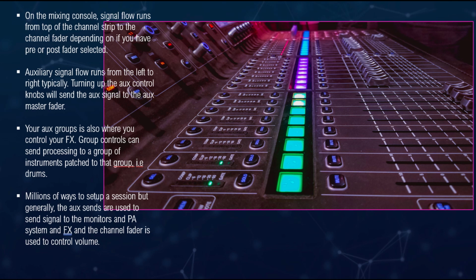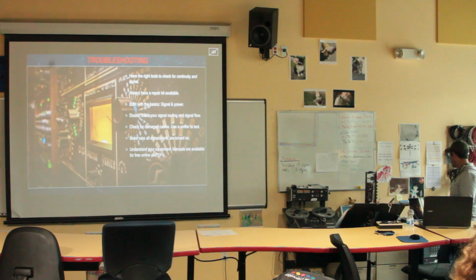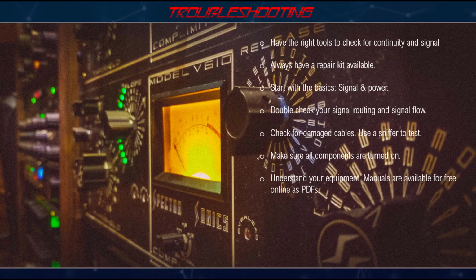So just keep in mind that the more complicated your workflow is, the more familiar you should be with that console. Troubleshooting: have the right tools to check for continuity and signal. I put these together based on things that I've run into in the past. Not having the right tools or sniffers to check XLR signal, a lot of times it's just a bad cable and it doesn't look bad.